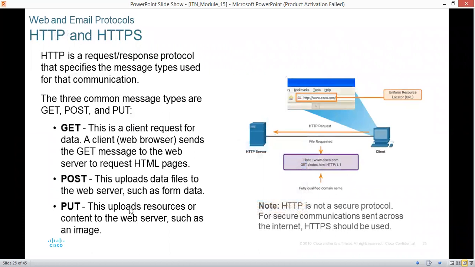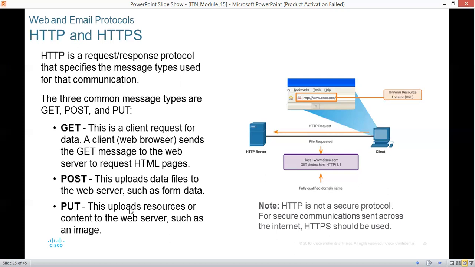Then here we look at HTTP and HTTPS. What differences do we have? HTTP is a request-response protocol that specifies the message types used for communication. The 3 common message types are GET, POST and PUT. The GET is a client request for data. A client, which is a web browser, sends the GET message to the web server to request the HTML pages.